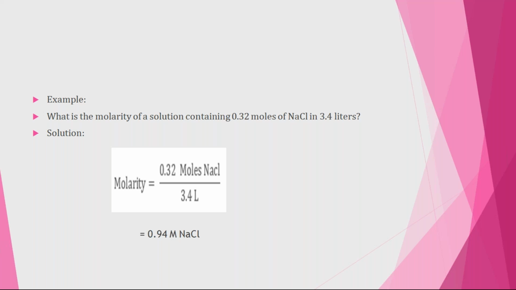15 divided by what you are doing? 225. So what do you get? 0.06. Again divided by 56. 0.001.